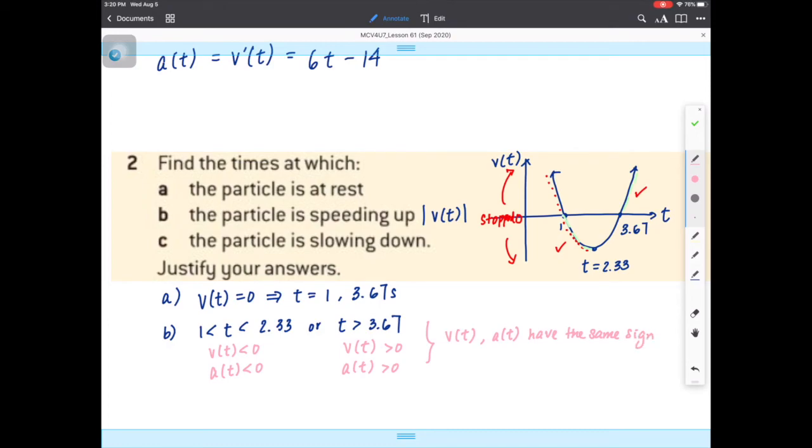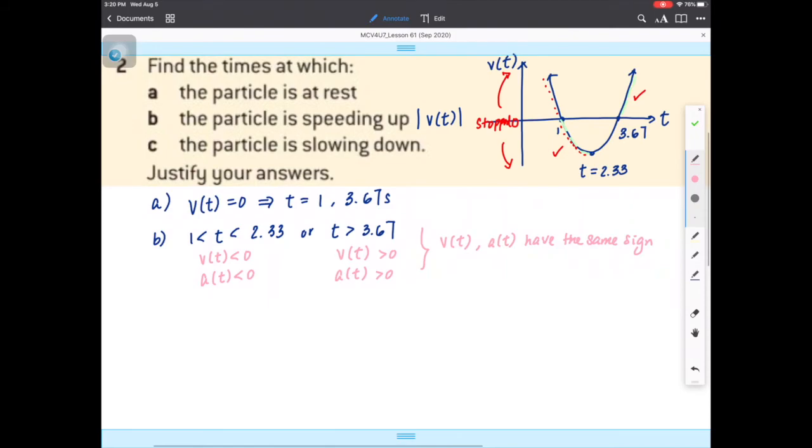Now 2C asks us to state when the particle is slowing down. Well, obviously, it must be the opposite, right? So it must be any time from 0 to 1, or any time between 2.33 seconds to 3.67.